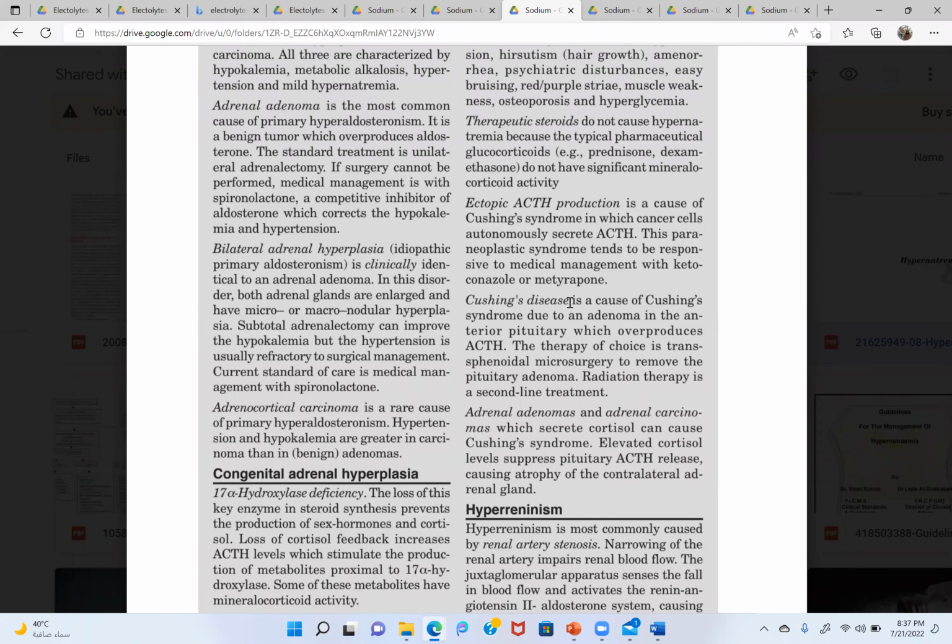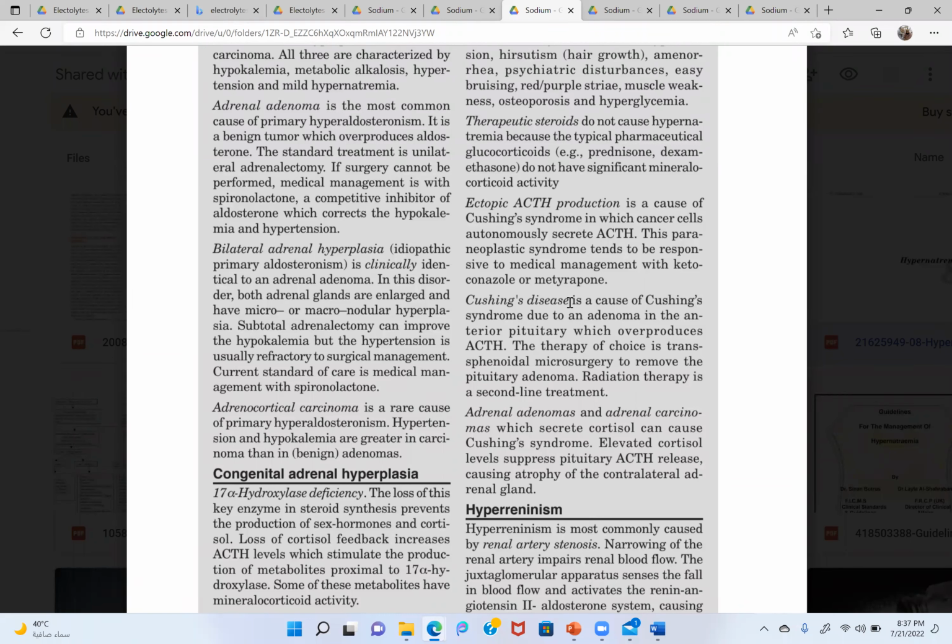You are right, but I will just add on to it. If the increase in cortisol is because of the pituitary, it is called Cushing's disease. And if it is because of any other reason, you are taking exogenous steroids or there is some problem in the adrenal directly, which is excreting, that will result in Cushing syndrome.